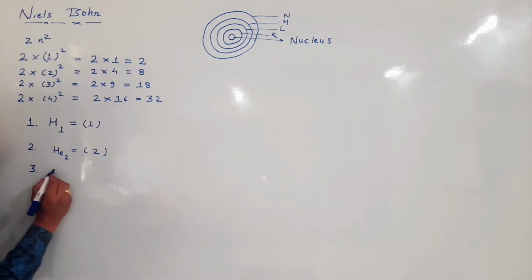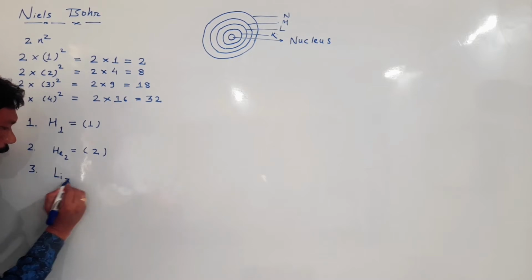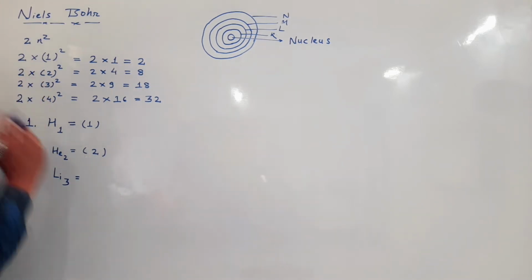Hydrogen, helium, then comes lithium. The atomic number is 3. It means that lithium has 3 electrons present in its atom. And according to our theory, the first orbit will have 2 electrons.